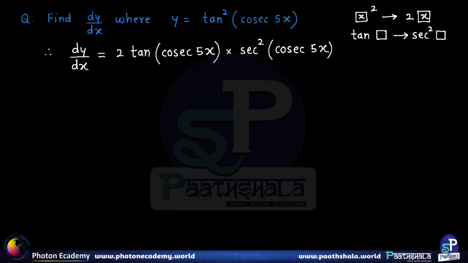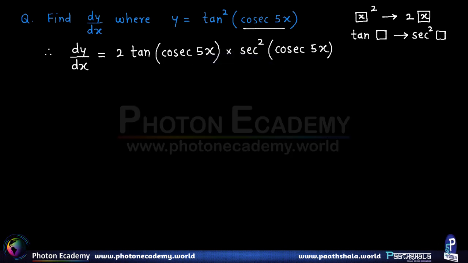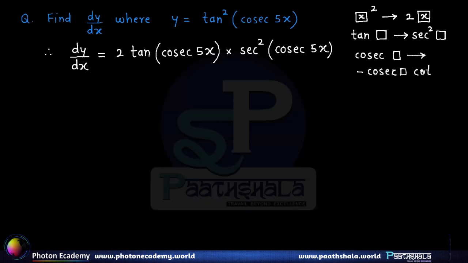Moving ahead, we have not yet reached the variable x. So now we drop the tan function also, and inside we have the cosec function. If we recollect, the derivative of cosec of something is minus cosec into cot, using the standard derivative.